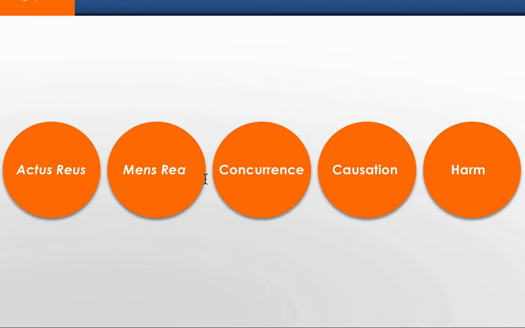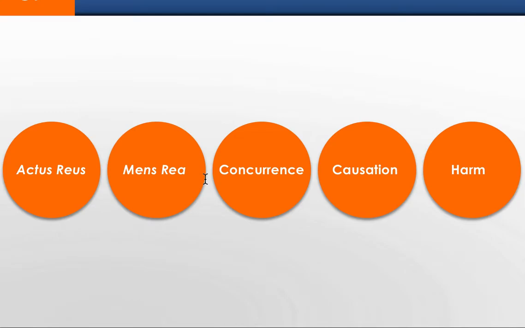Actus reus, what's the key word there that we're talking about? I know we're talking about Latin here, and you're seeing words that you're not used to seeing, but actus reus, when we're talking about the act in itself, meaning the evil act.